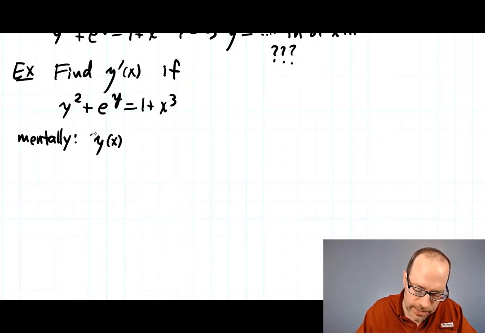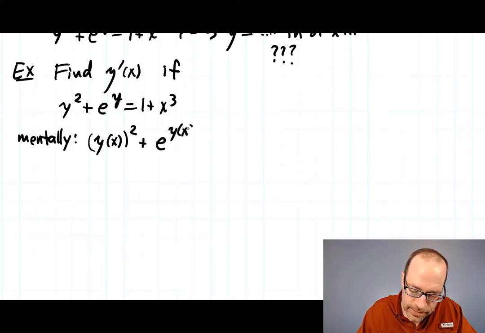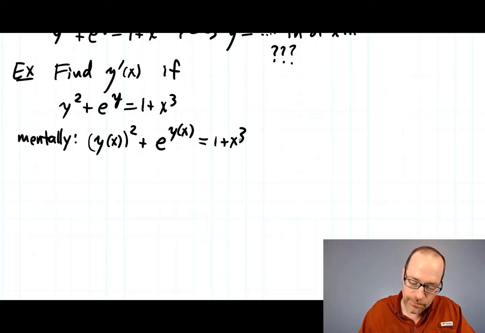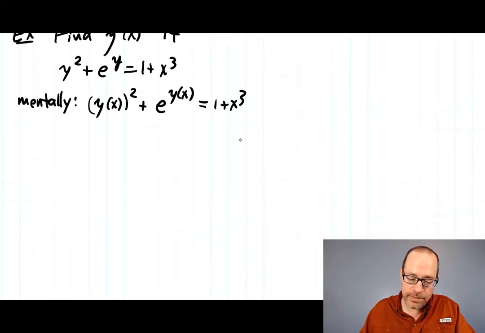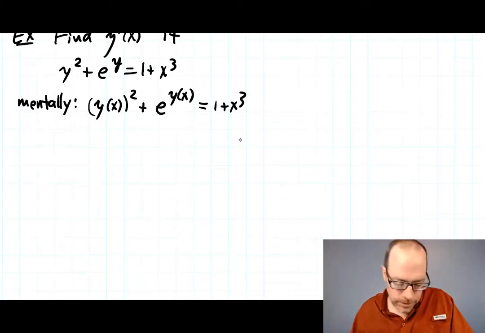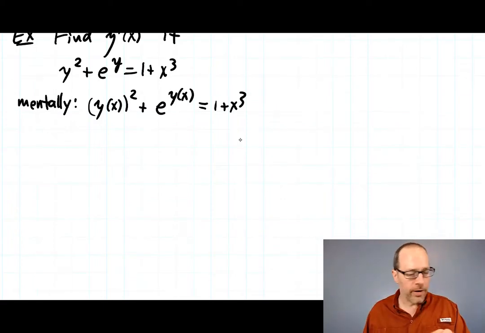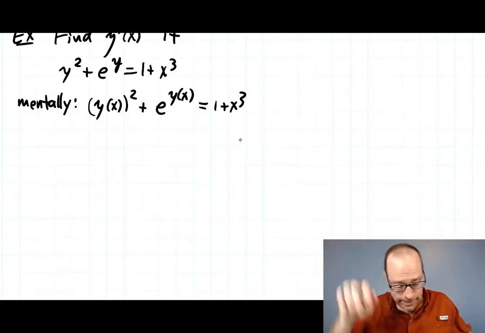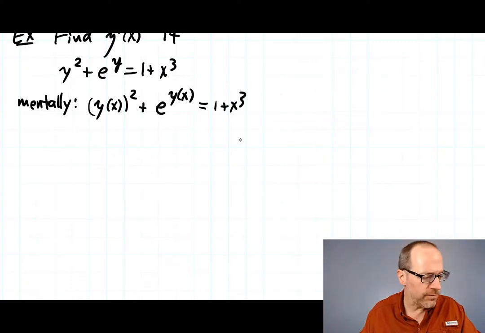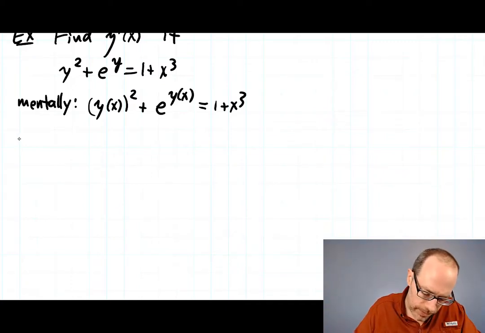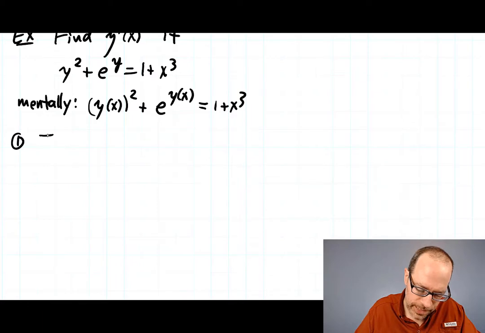Y of x squared plus e to the y of x is equal to 1 plus x cubed. And if you think of it that way always mentally, then you'll get this no problem. All right, to find y prime, what you do is this. First of all, step one, you always will take d by dx on both sides.